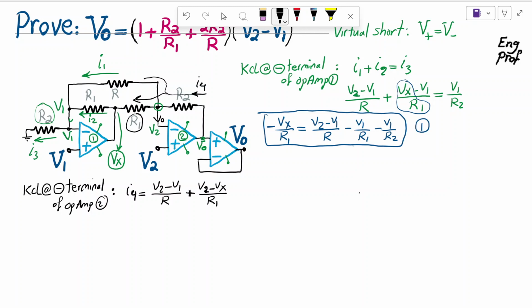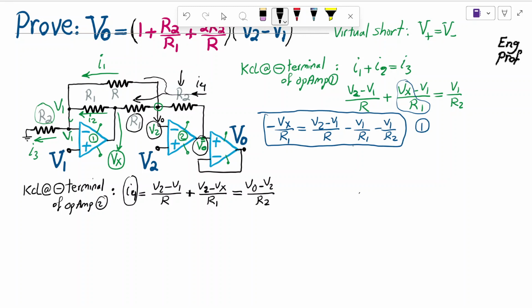Okay, great. I4 is Vout minus V2, the voltages on the two sides of this R2 resistor, divided by R2. So I am going to substitute for I4 as Vout minus V2 divided by R2. Great.